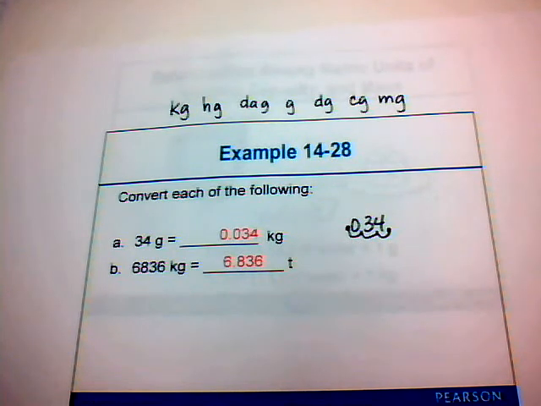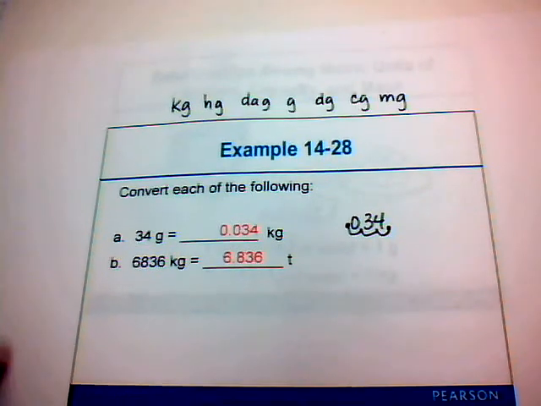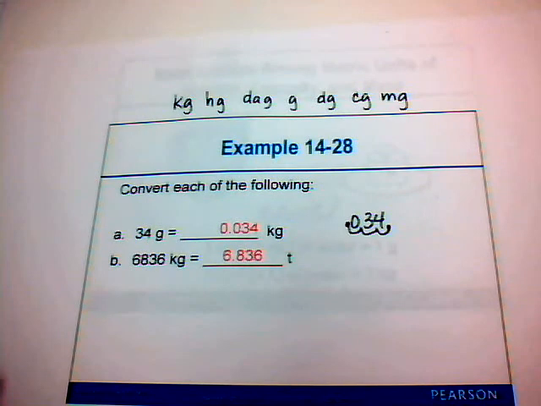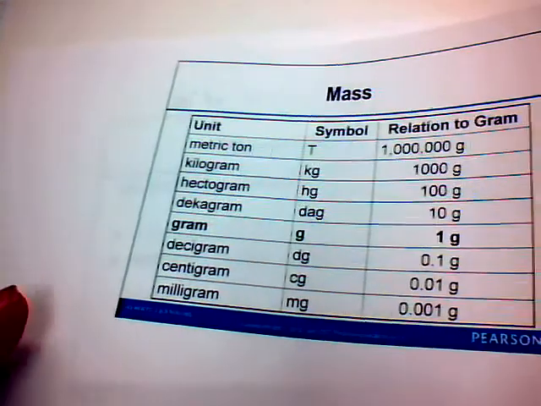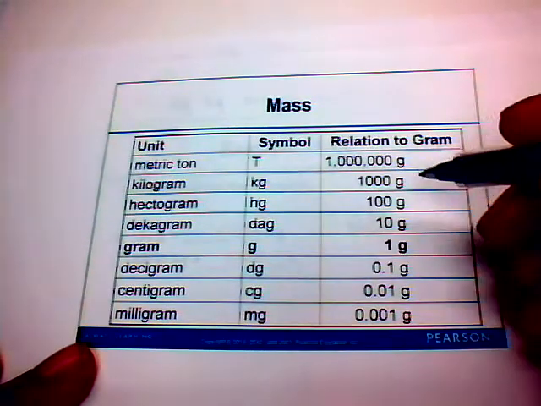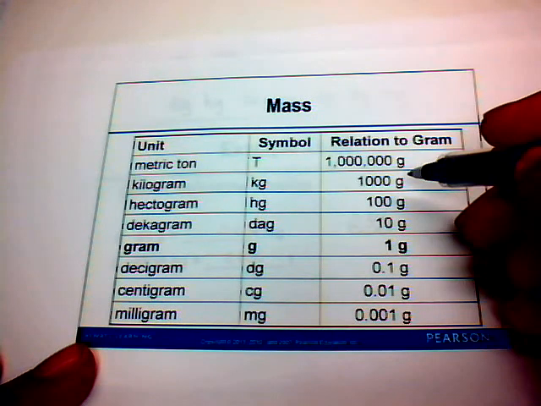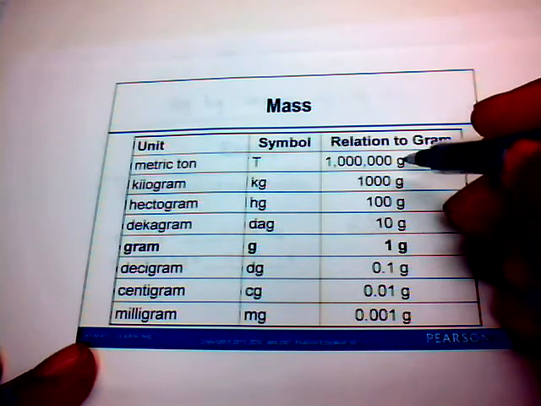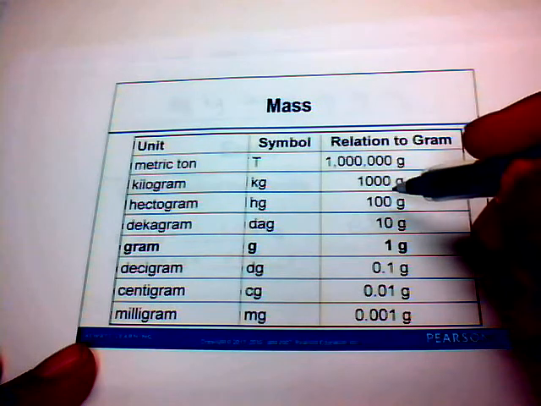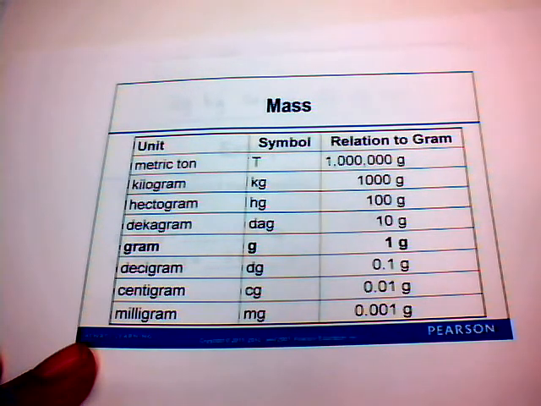Okay. And 6,836 kilograms is equal to how many tons? Okay, now let's think about this for a moment. From kilograms to a metric ton, the ratio would be 1/1,000.